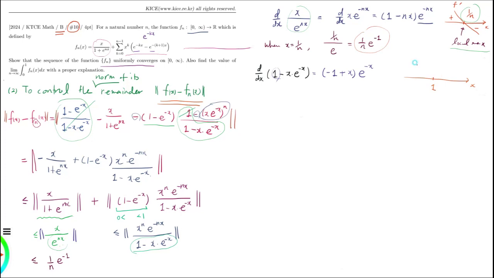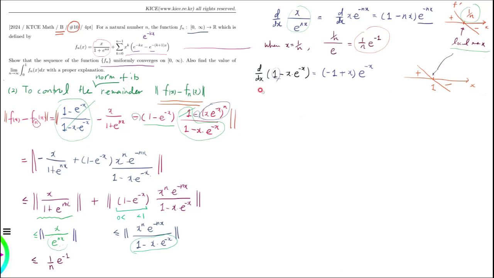So it changes from plus to negative here, okay? So this is our local maximum here.